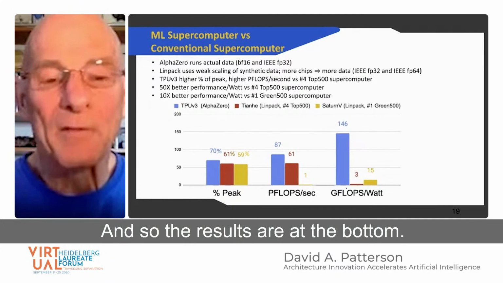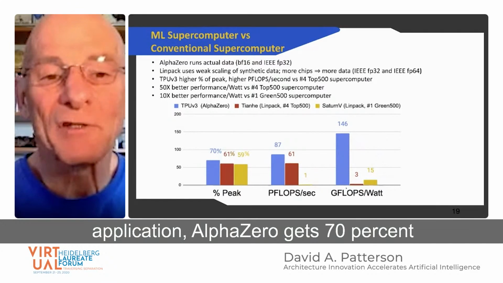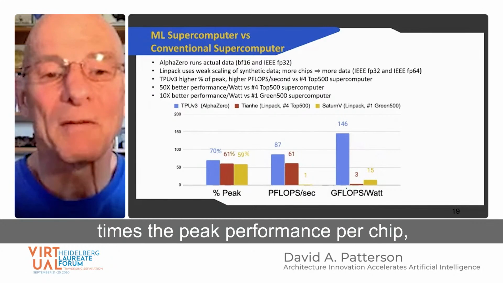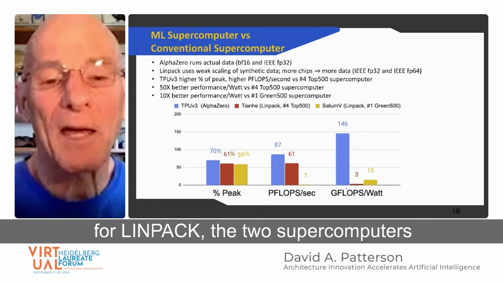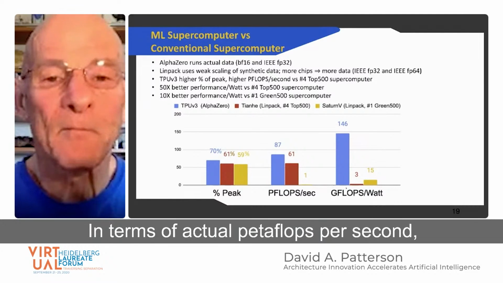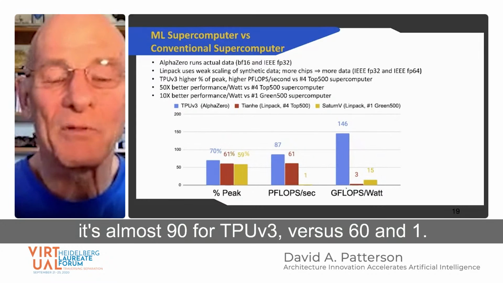And so the results are at the bottom. Remarkably, running a production application, AlphaZero gets 70% of peak. That's 70% of 1,024 chips times the peak performance per chip, which is amazing. But you can see for Linpack, the 2 supercomputers we have here get about 60%. In terms of the actual petaflops per second, it's almost 90 for TPU v3 versus 60 and 1.